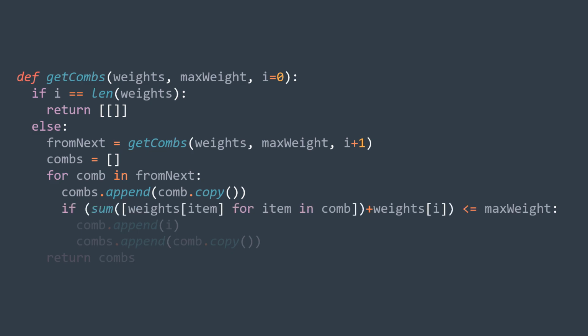And if the sum of weights of its items plus weights of I is smaller than or equal to max weight, it means that comp plus item I is also a valid combination, so we append I to comp and we append comp to comps. After the loop, comps now contains all the valid combinations when we start from the index I, so we return it.